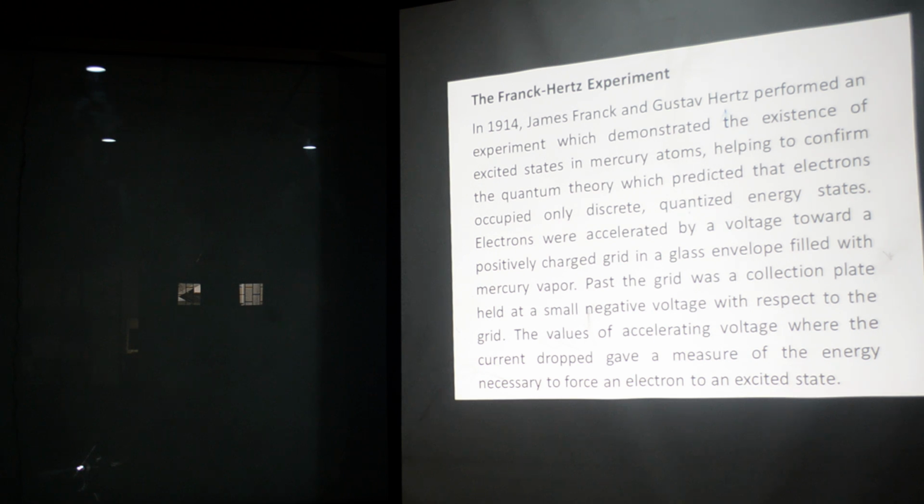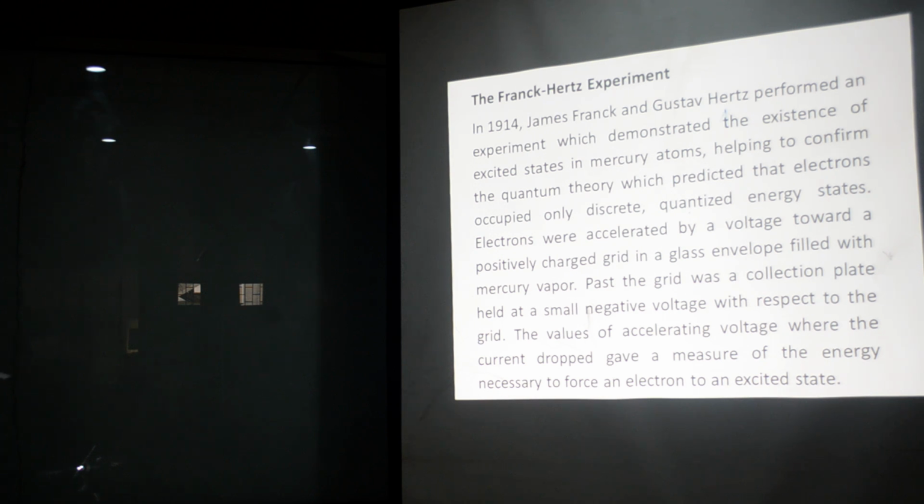For that, in 1914, James Franck and Hertz performed an experiment which demonstrated the existence of excited states in the mercury atom, helping to confirm the quantum theory which predicted that electrons occupy only discrete quantized energy states.